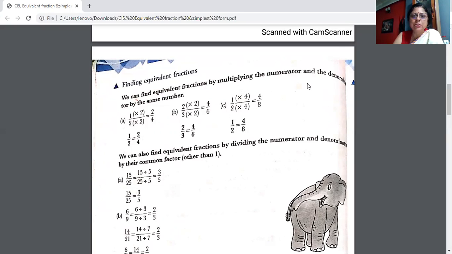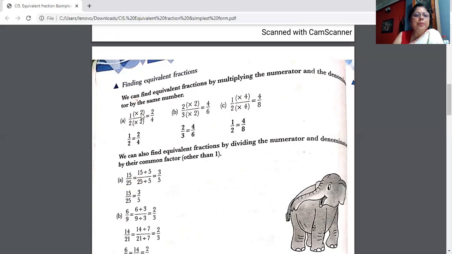Suppose we have a fraction, say 2 by 3. Now we can multiply both numerator and denominator, 2 by 3 by 2, then again by 3, again by 4, again by 5, and continue, and we can get endless equivalent fractions. But while dividing, we have to keep in mind that both the numbers, the numerator and denominator, should be divisible by the number that we have taken. That means the factor should be a common factor.